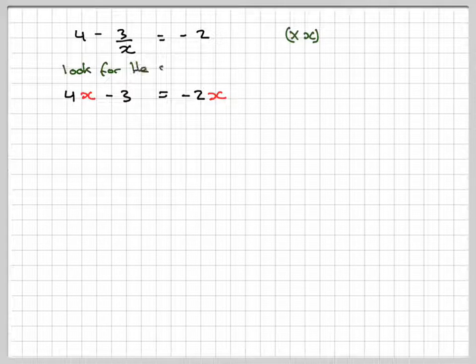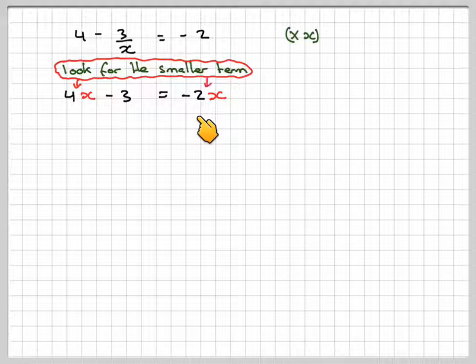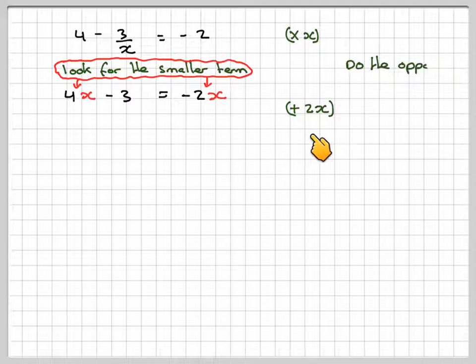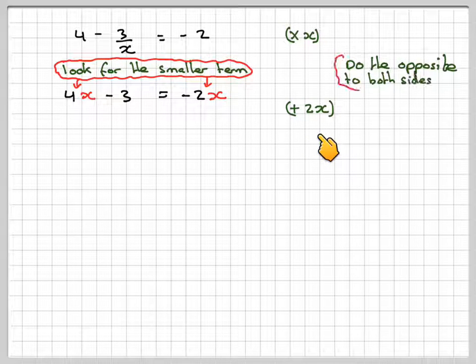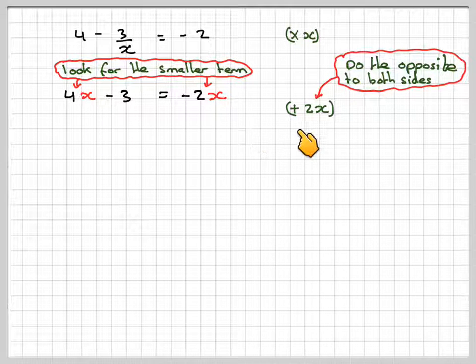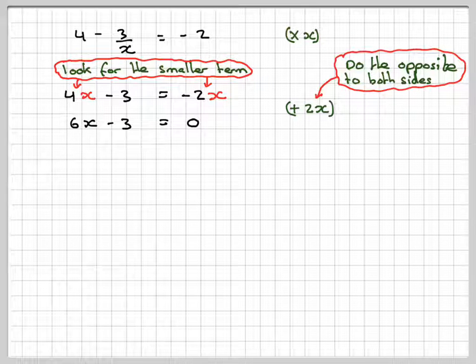Again, we now look for the smaller of the two, 4x and minus 2x, and the smaller term is minus 2x, so we need to do the opposite thing, which is to add 2x to both sides. So 4x plus 2x gives me 6x, so we've still got the minus 3. Now minus 2x plus 2x actually gives me nothing, so we can just write in 0.